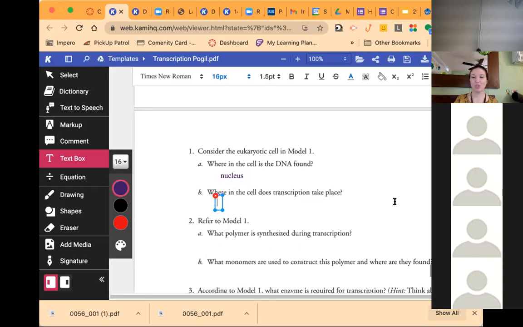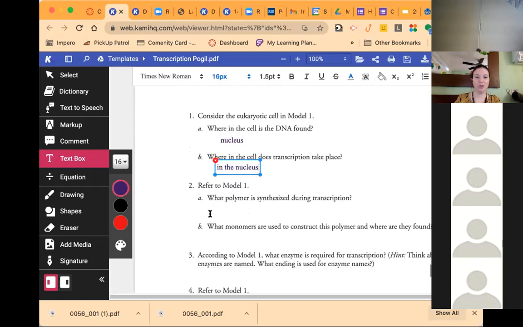Nate, perhaps you can help Shauna out. Inside the nucleus. Excellent. All right, what polymer is synthesized during transcription, Melina? Pre-mRNA. Good.